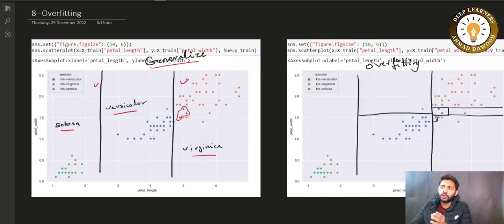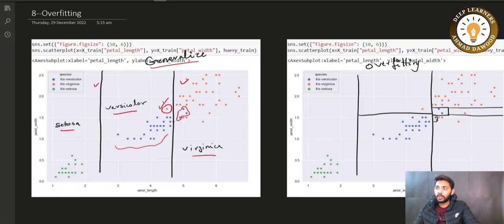But if you want to draw a boundary to distinguish these 3 points also, then it can lead towards overfitting. There is also one point here which belongs to virginica, but this generalized model has a boundary saying that this point belongs to versicolor, on the basis of its similarity with the other versicolor points. But our data set says that it belongs to virginica.